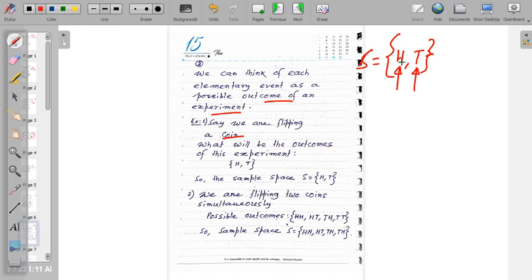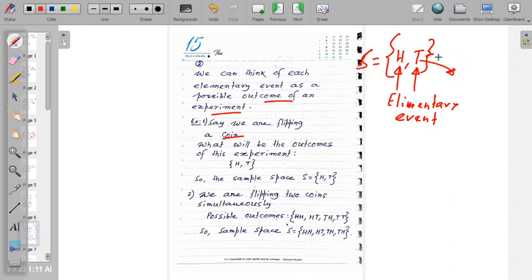This outcome is called one elementary event, and this is also one elementary event. So the sample space consists of elementary events, and elementary events are nothing but the outcomes of this experiment.